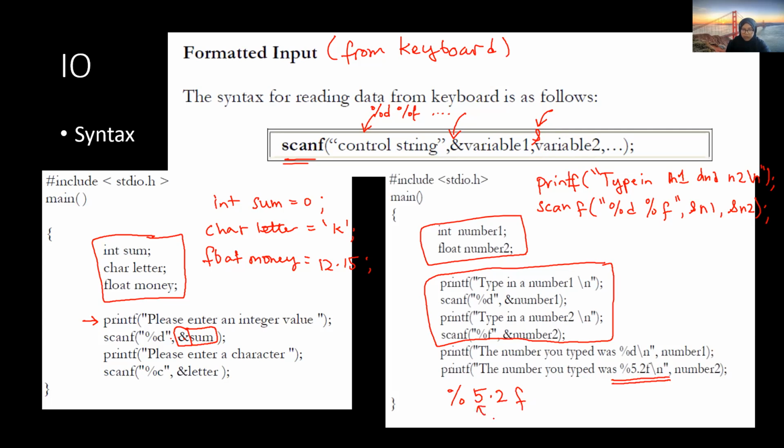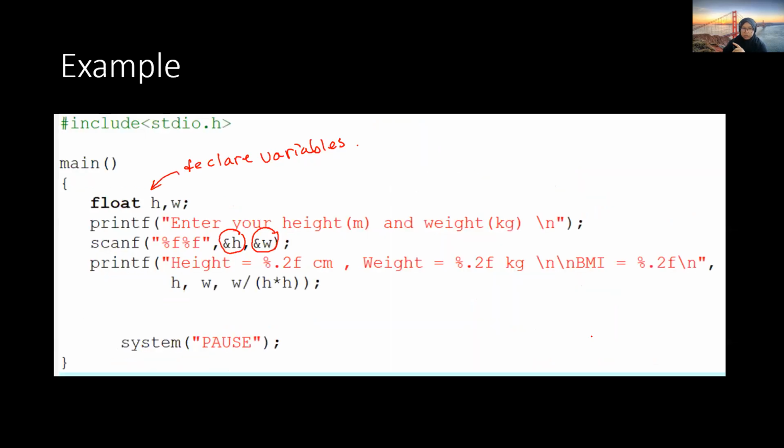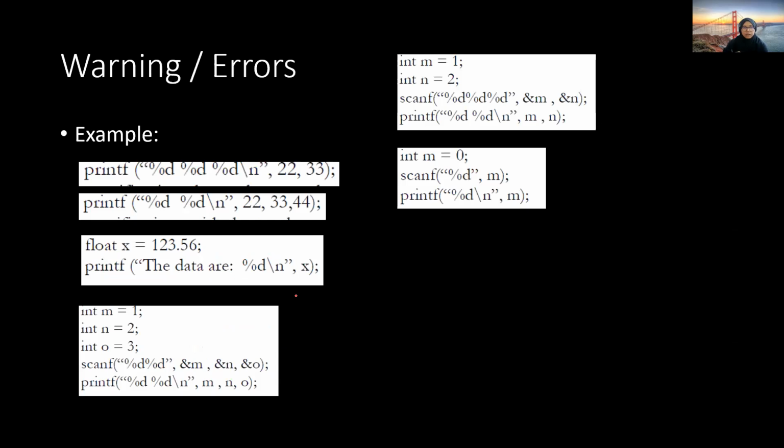The 5 is a width of 5 spaces, and then .2 is 2 decimal numbers. So it will have a spacing like you press the space bar 5 times, and let's say if I entered 1.5, it will display 1.50, 2 decimal digits. Same thing right here, the .2f is going to display just 2 decimal digits.